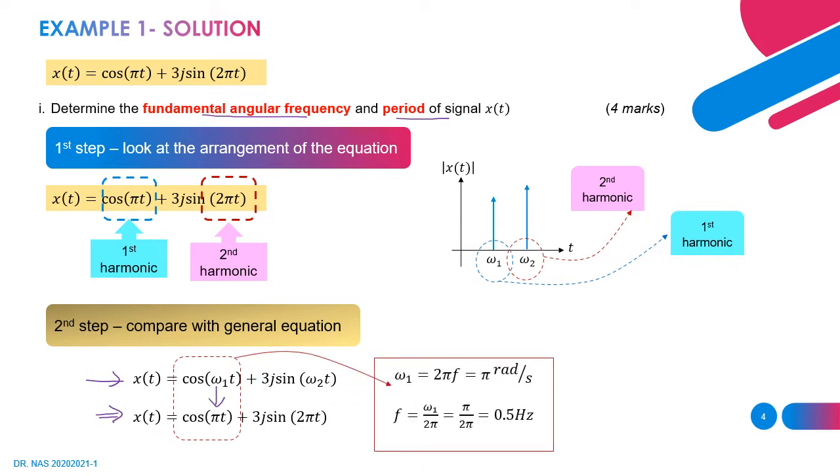Omega 1 equal to 2 pi f equal to pi radian per second. If the question asks you for f, the frequency in hertz, you can calculate f by dividing omega by 2 pi, because omega equal to 2 pi f. So in this case, f equal to 0.5 hertz.